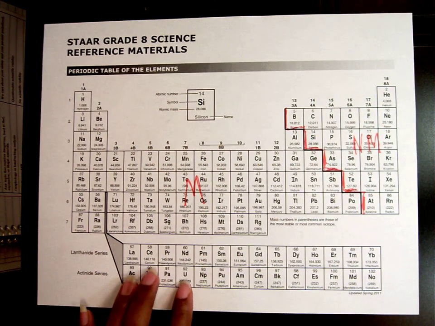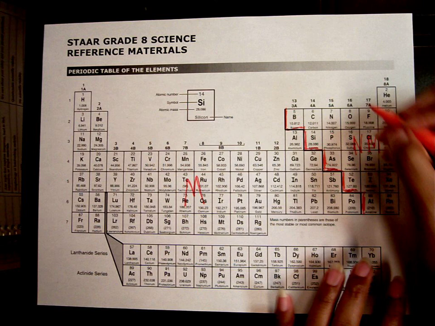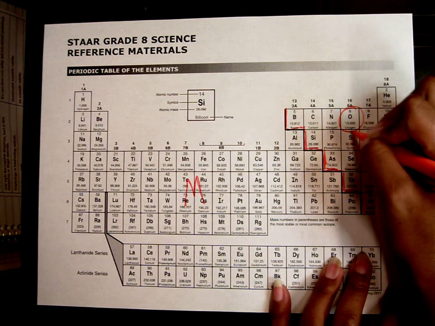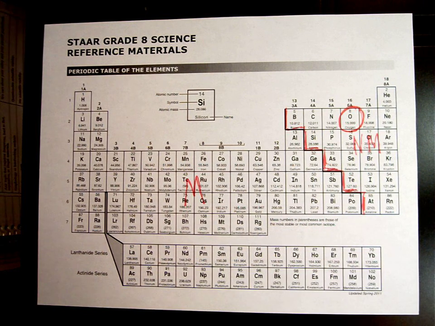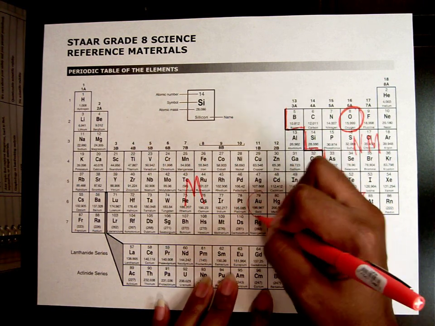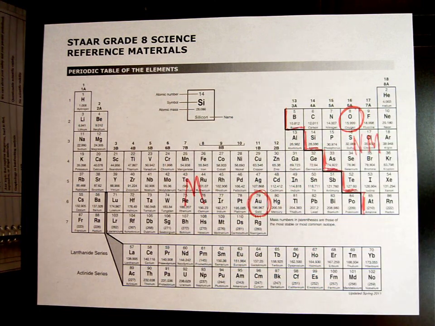Now, if you ever forget how to identify where the metals and the non-metals are, find something that you know. Oxygen. We know that oxygen is a non-metal. This is what we breathe. Gold. We wear gold jewelry, and we know that gold is a metal. So that's one way you can figure out which side of the stair step contains metals and non-metals.